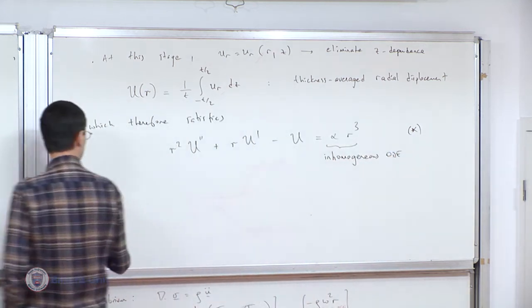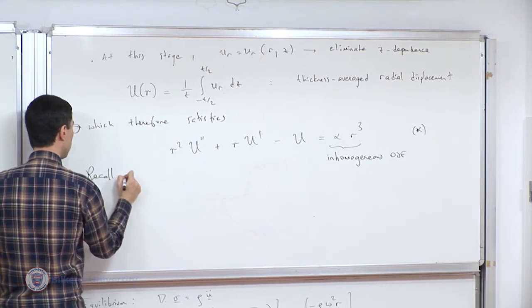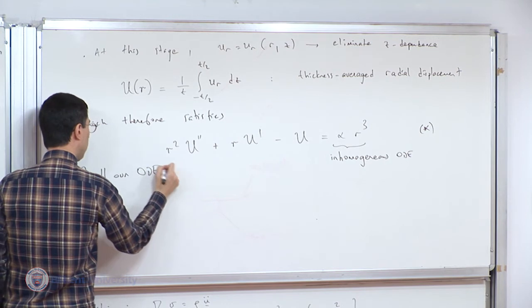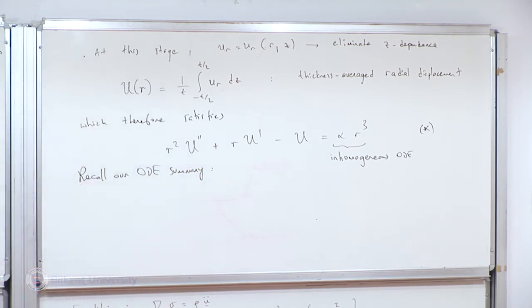Okay, but let's recall our ODE summary, from when we were solving an ODE for the first time in the torsion of a cylindrical problem, and in fact when we were looking at this radial part, we discussed this in detail.